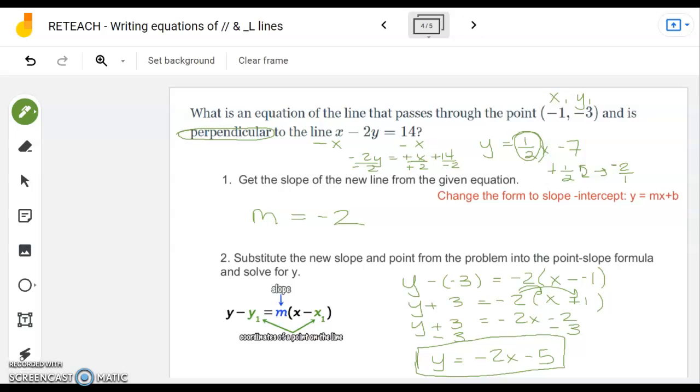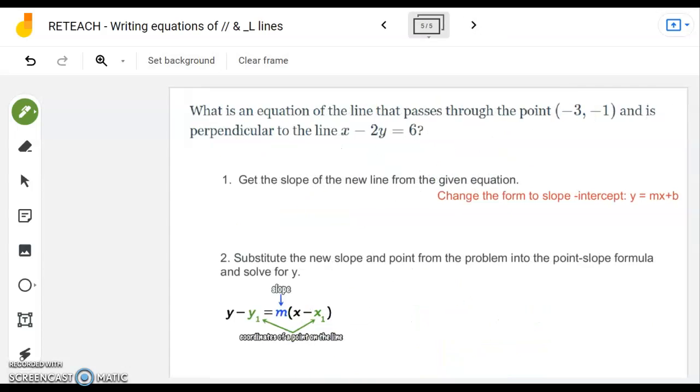Okay, we have our next problem. What is an equation of the line that passes through the point -3, -1 and is perpendicular to the line x minus 2y equals 6? Alright, so I first need to get the equation into slope-intercept form, so I need to solve for y. That means I need to move my x term, so I'm going to subtract x from both sides.